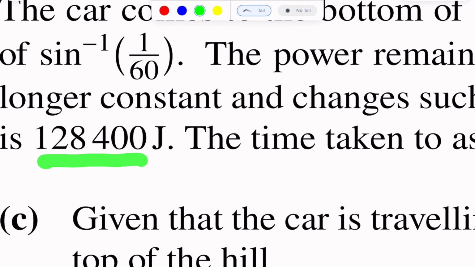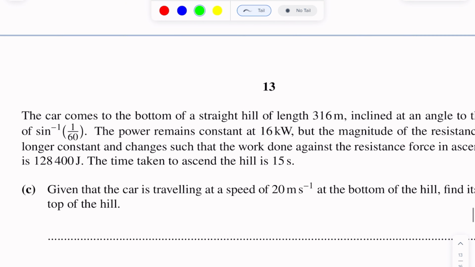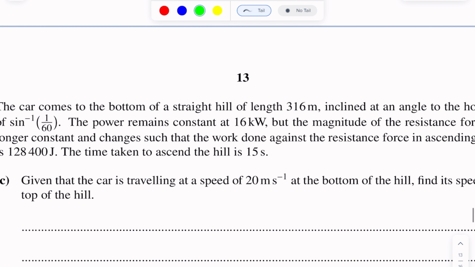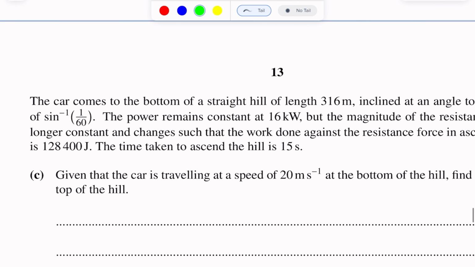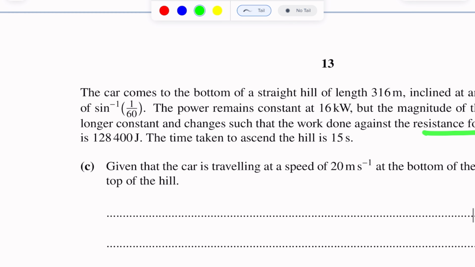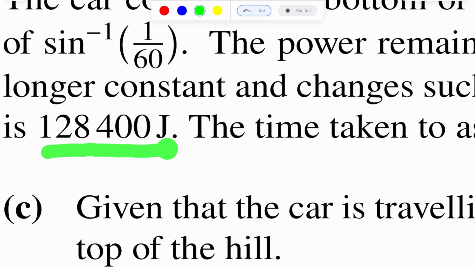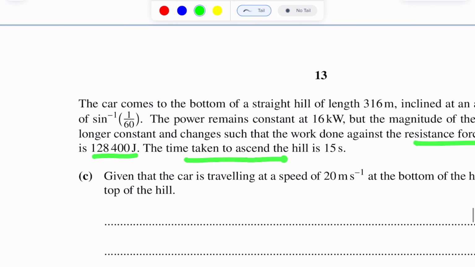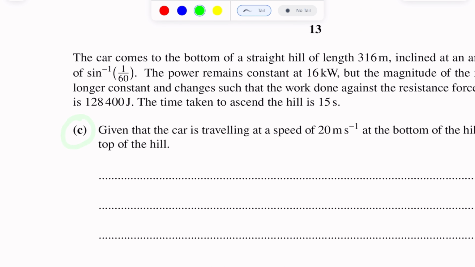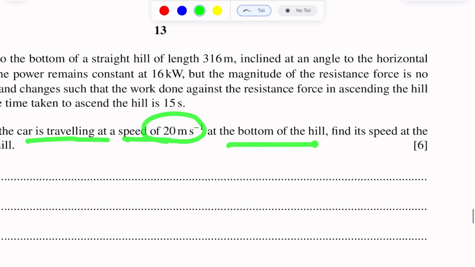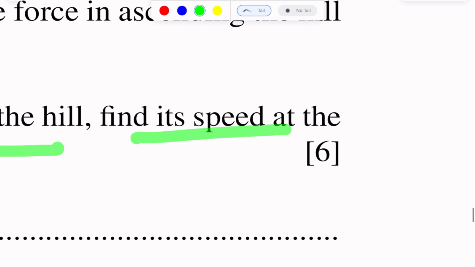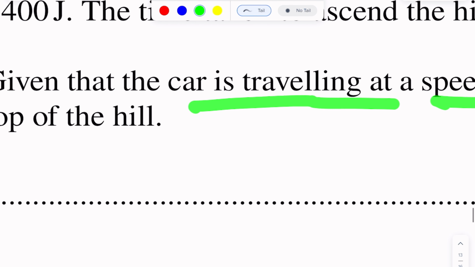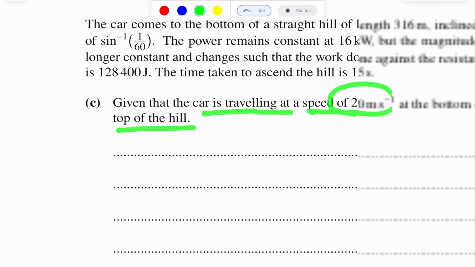This is the work against friction. The time taken to ascend the hill is 15 seconds. This is the value of t. Now, given that the car is traveling at speed 20 meter per second at the bottom of the hill, find the speed at the top of the hill.